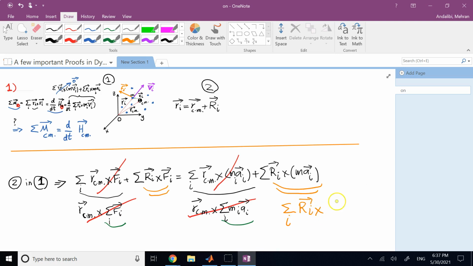cross, and for MiAi, I can write it as d over dt of MiVi. And note that here I'm just assuming a constant mass all the time.